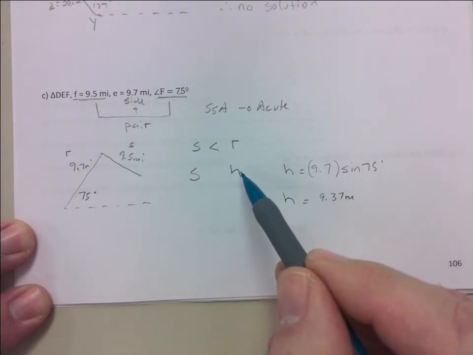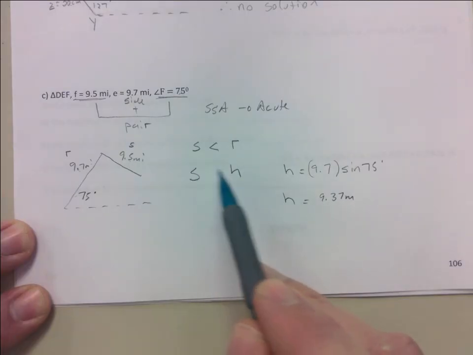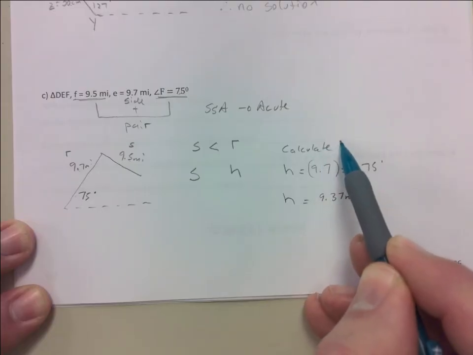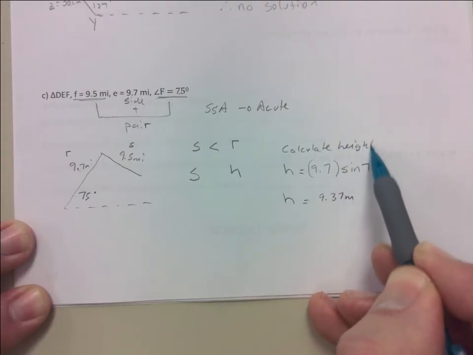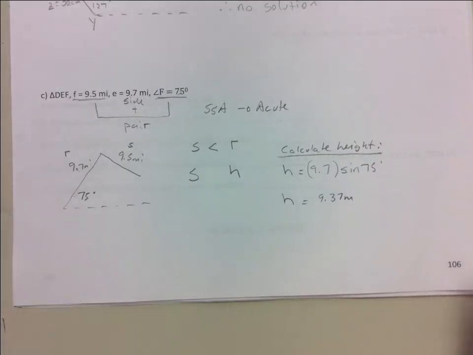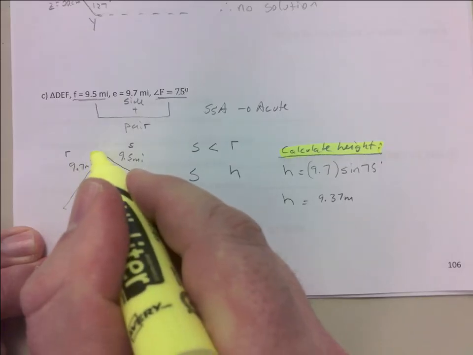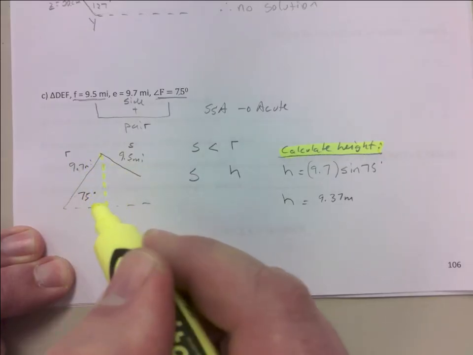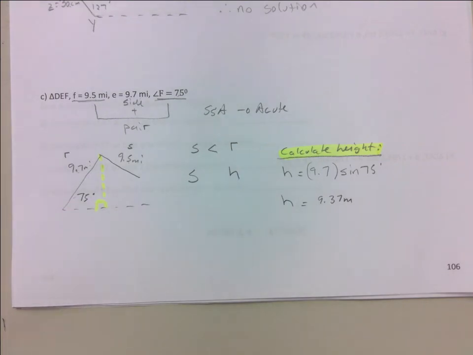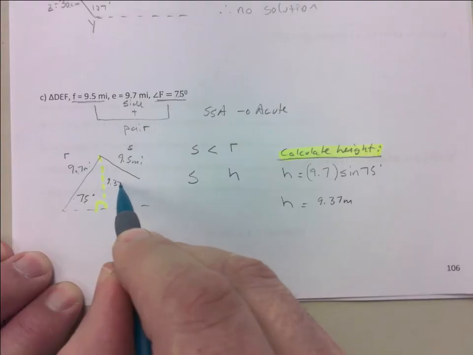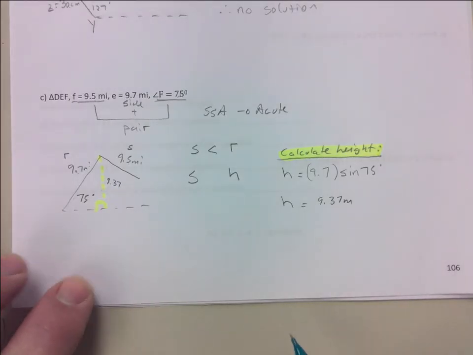So if you get to this part, you want to calculate this. I want to highlight this here. So now we actually calculate what the height is of this triangle to see what's possible now.